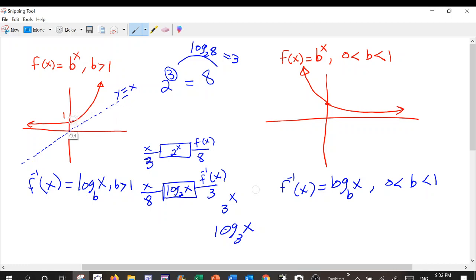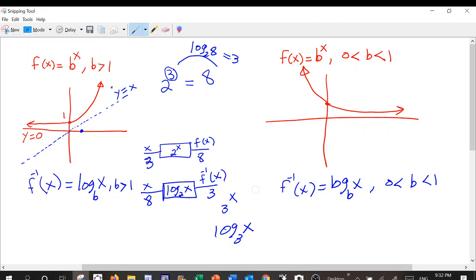So this point 0, 1 here, the inverse of it would be 1, 0, because when you find an inverse, you're switching input and output. You see over here, 3, 8 becomes 8, 3, right? So 0, 1 becomes 1, 0, right? So 1, 0. Now, the horizontal asymptote for the red one is y equals 0, right?